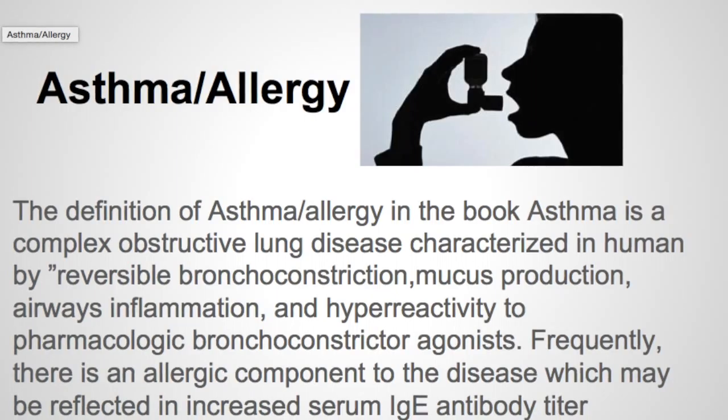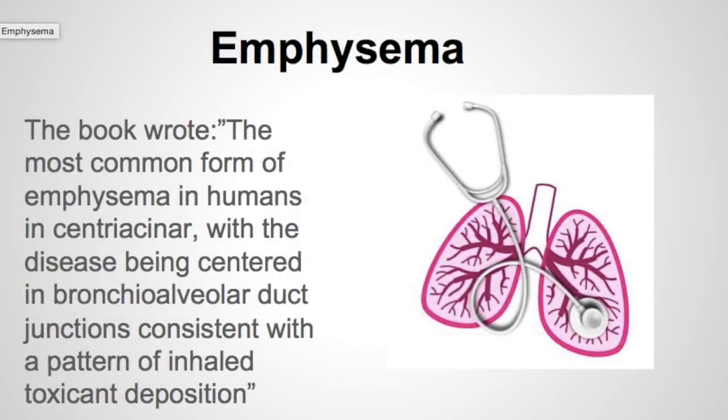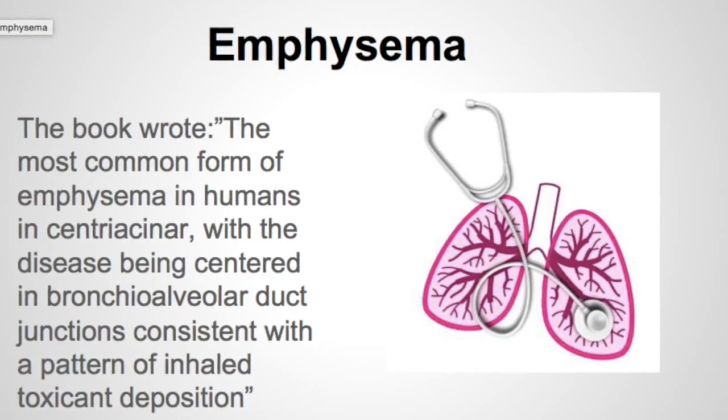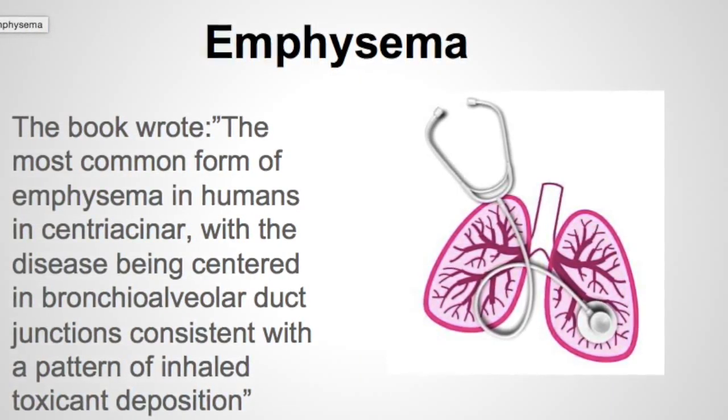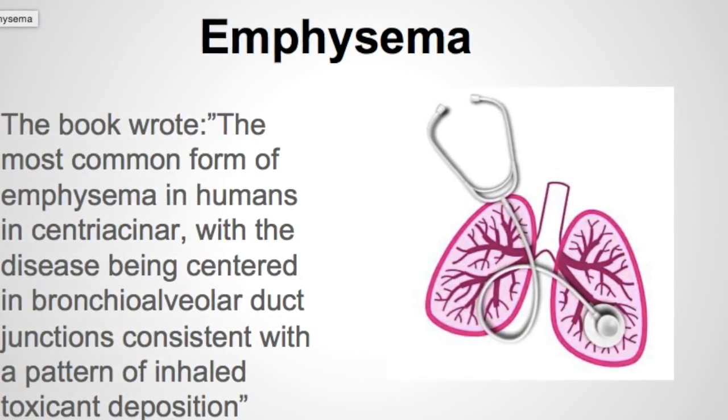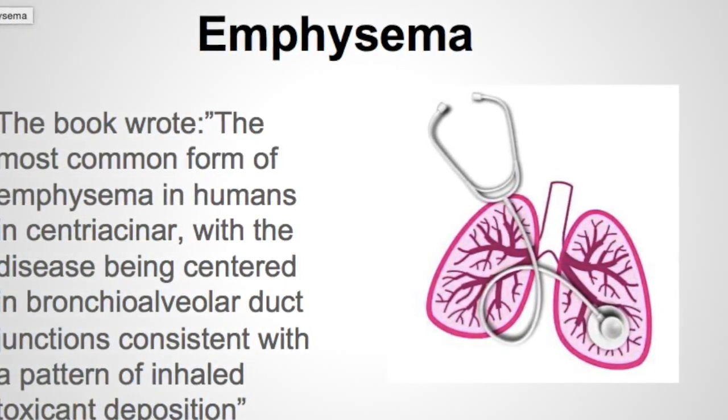The book said the most common form of emphysema in humans is centrilobular, with the disease being centered in bronchiolar duct junctions, consistent with a pattern of inhaled toxicant deposition.